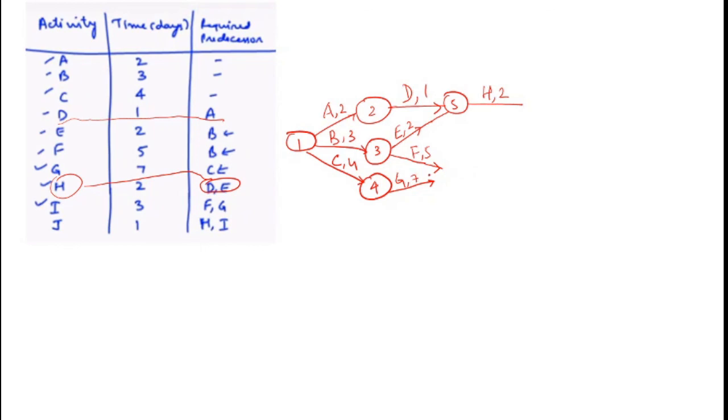And we can also see that for activity I, F and G are merging at 6, and out of it comes another activity which is the last activity, that is J. J has time 1, and this is I, and it has time 3.